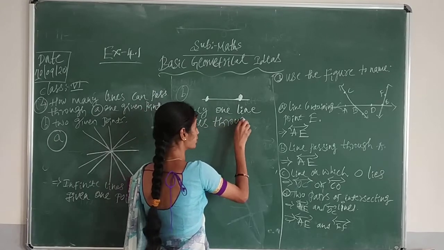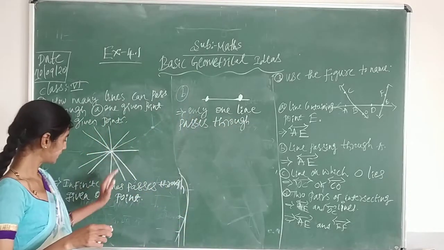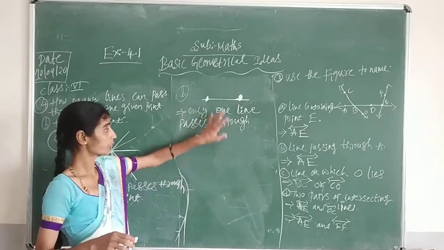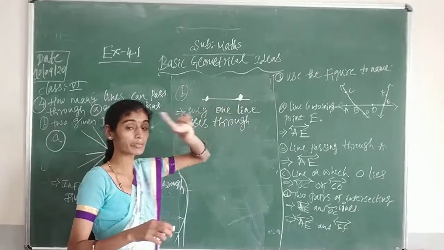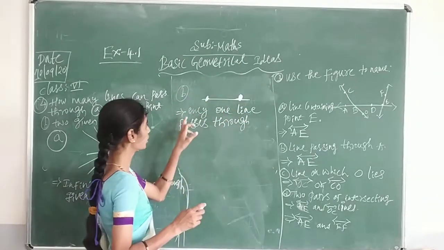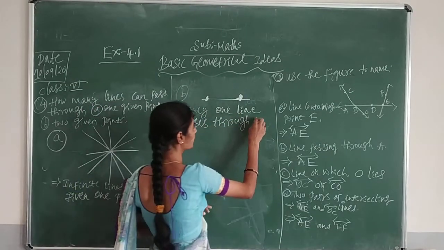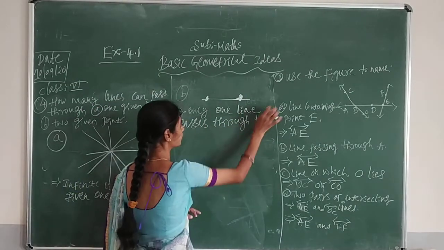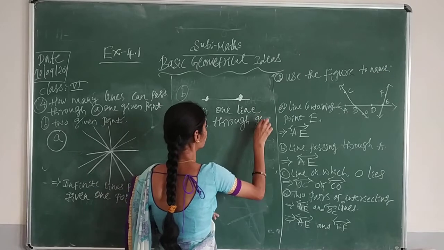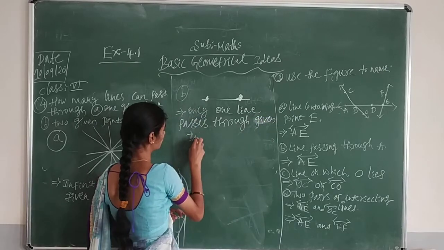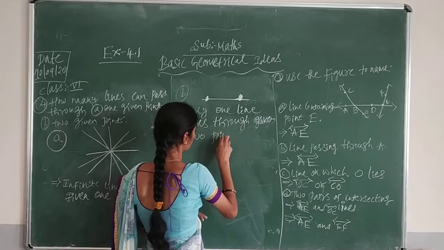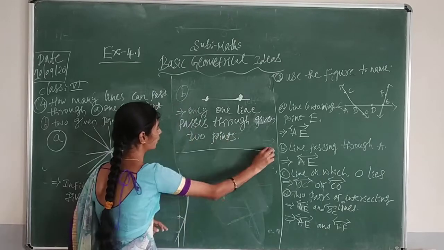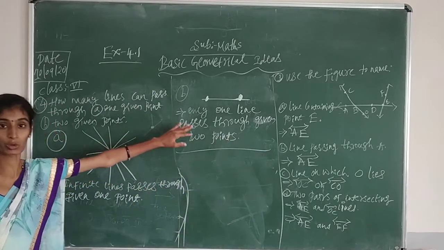Here infinite lines are passing, whereas for the given 2 points only one line we can draw. So only one line passes through given 2 points. Okay.